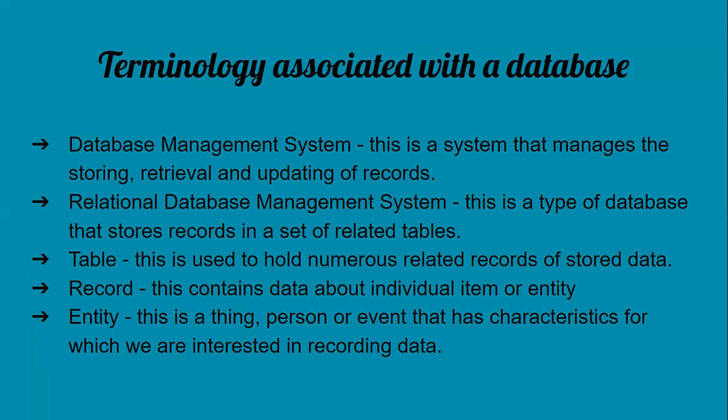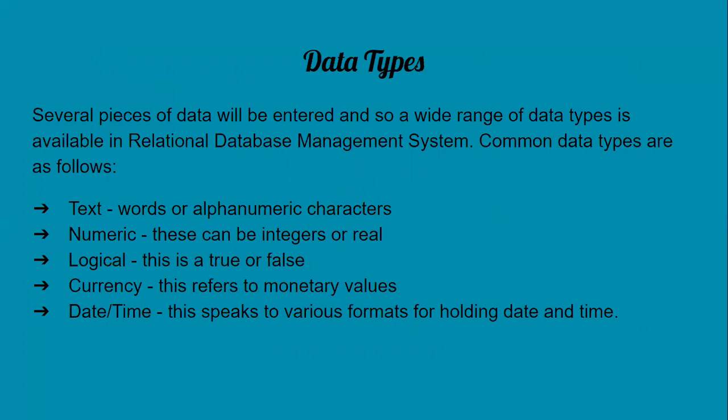Now, while we put together all this information, there is something that we must bear in mind. For each piece of information that we put in our table, we must select the appropriate data type. Now, several pieces of data will be entered, and so a wide range of data types is available in the relational database management system. So let's look at the common data types that you're going to be seeing over and over again as you work through your database.